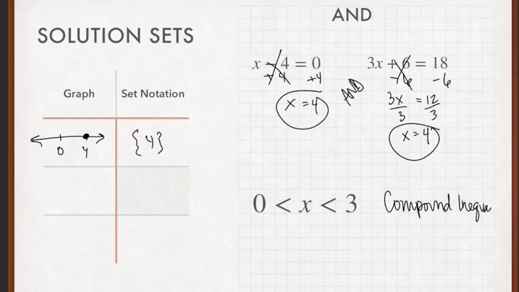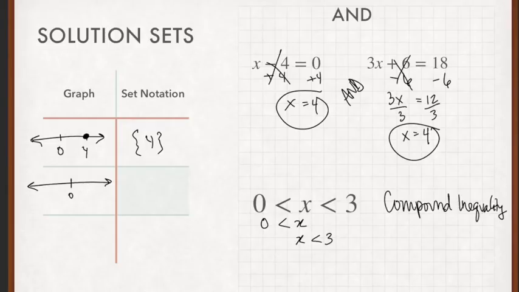Now if I'm doing an inequality, you might see situations where you have two inequalities in one. This is called a compound inequality, and it might be easier for you in the beginning to split these out. So I can split this out into two separate inequalities: x is greater than 0, and x is less than 3. If I do that, then when I'm graphing the solution set, I'm going to use the same number line.